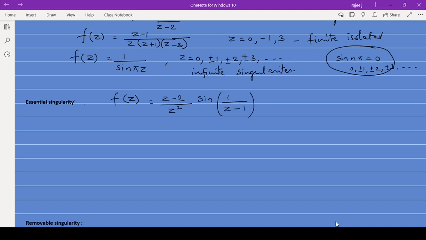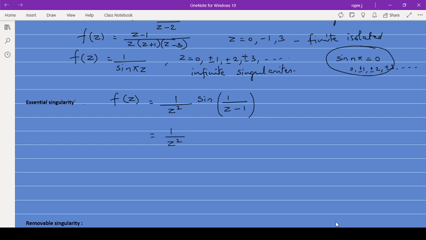Or in short, if we take the small one, then this will be 1 by z square. To get the singularity, you need to put the denominator equal to 0, but here sine of some function is there, so you cannot directly put z minus 1 equal to 0. We cannot do like that.